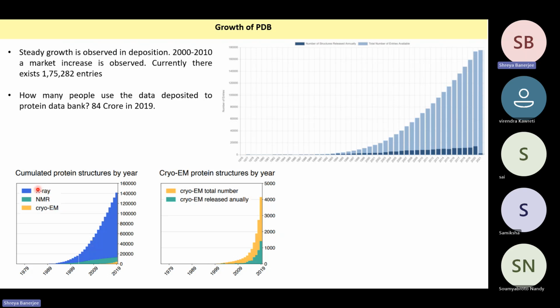The number of X-ray structures is still much greater, and cryo-electron microscopy structures are still very low. But as the years go by, more and more cryo-electron structures are being deposited, because it is a more modern technique. As time goes, the number of cryo-electron structures will gradually overtake the number of X-ray structures.